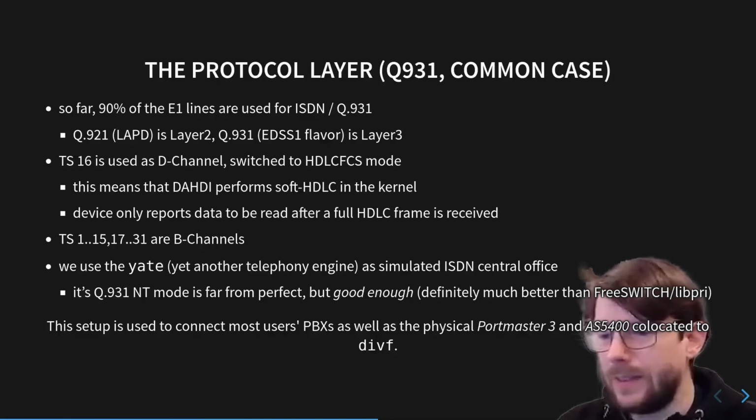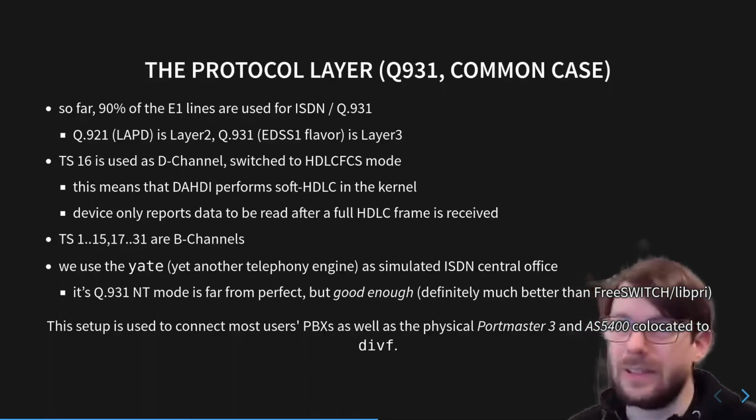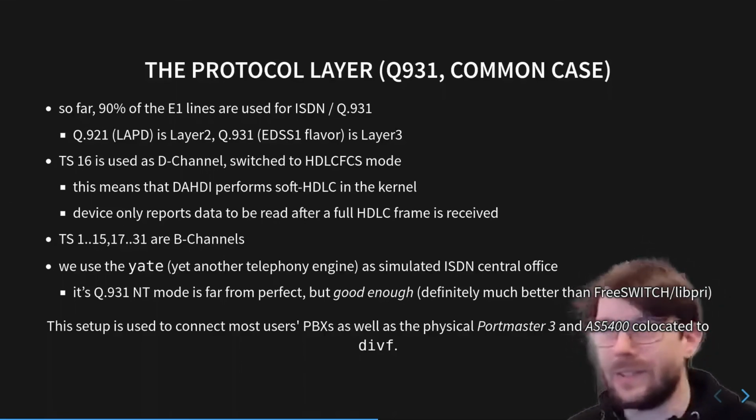So the kernel implements a software HDLC decode in the kernel, and then the kernel device only reports data to Yate in our case, or to whatever software you run on top, if a full HDLC frame is received, and there's no overhead or no system calls all the time if there's no actual signaling data on the signaling time slot. All the other time slots, meaning 1 to 15 and 17 to 31, are configured as B channels. So those can carry calls, whether voice calls, ISDN video calls, data calls, analog modem calls, fax calls, whatever you want on those B channels.